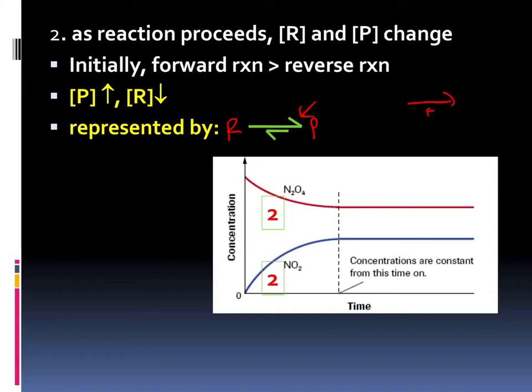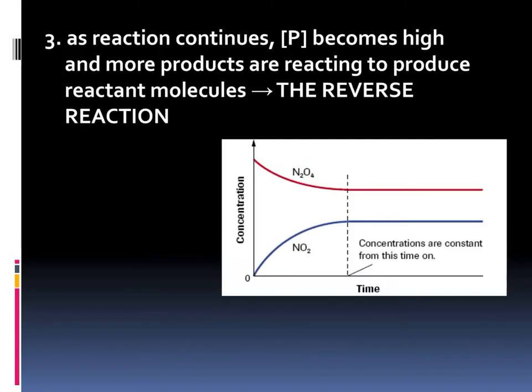So initially here at number 2, we've got products starting to increase. Eventually the concentration of products is going to become high, so more products are reacting to produce reactant molecules. There are more products available to react to produce the reactant molecules, which is the reverse direction, which we have not considered before.